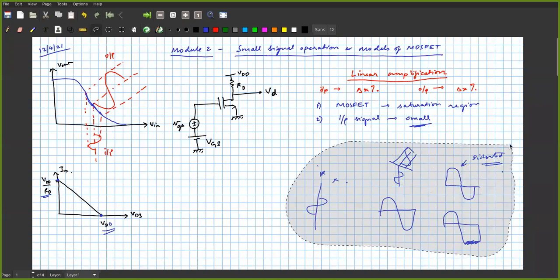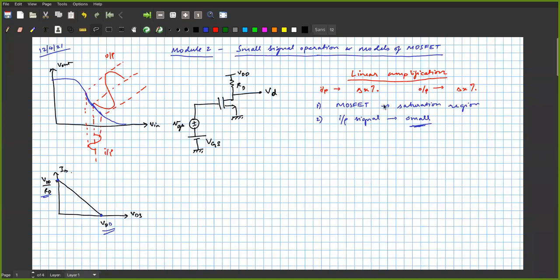Okay. Then in that case, let us look at some notations. If you look at this circuit diagram, when I write vgs, small v, small g and small s, this is pertaining to the input AC signal. When I write this capital V, G, S, this is actually the bias DC voltage.